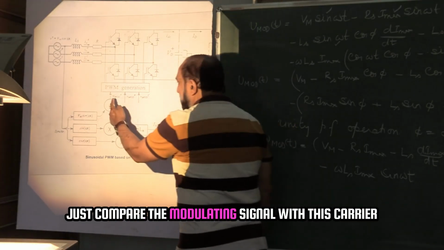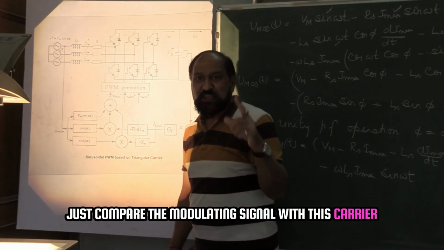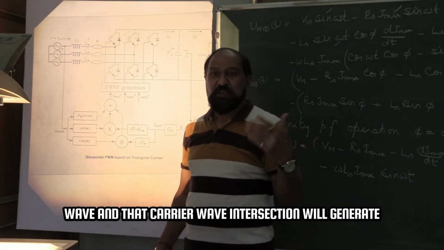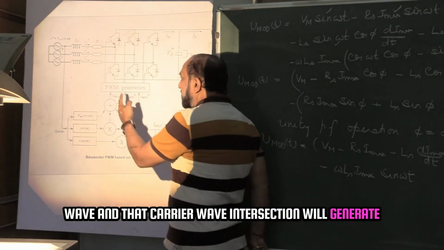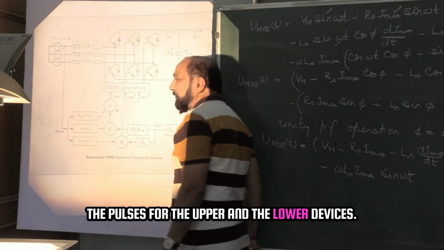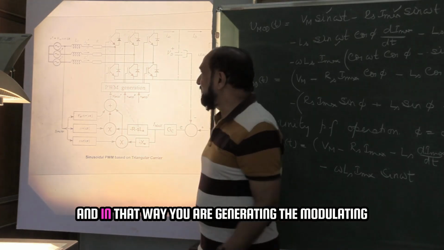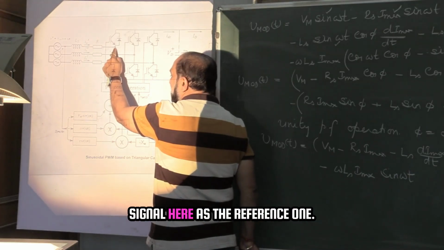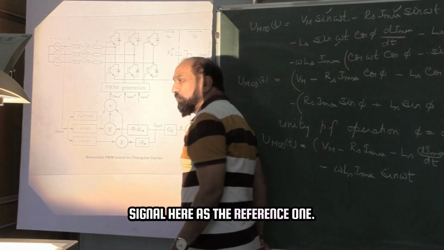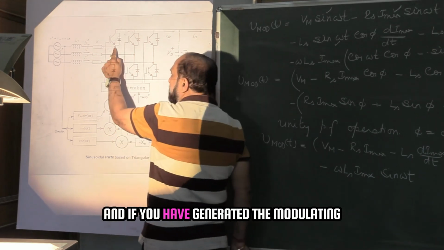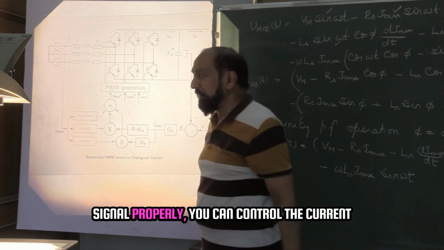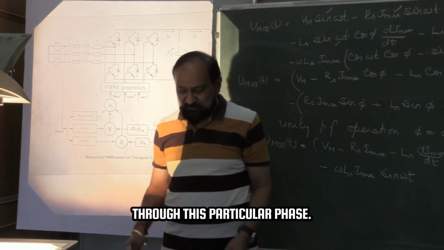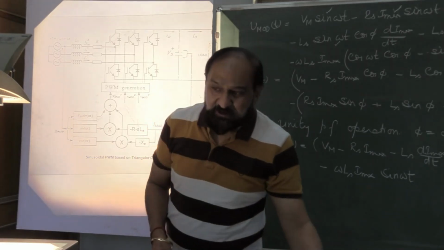Just compare the modulating signal with the carrier wave, and the carrier wave intersection will generate the pulses for the upper and the lower devices. If you have generated the modulating signal properly, you can control the current through this particular phase.